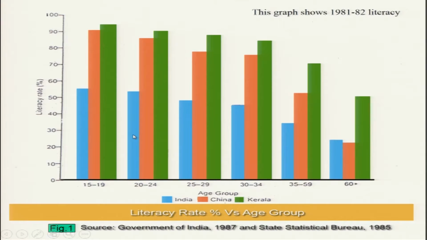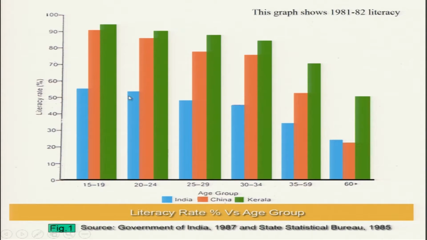Now, what happened after 40 years? After 40 years, this disparity has increased. Those who belong to the similar age group, 20-24 years, here you see that China has advanced so much, India has progressed little, less in comparison to China, and Kerala, as it was, remained very advanced.